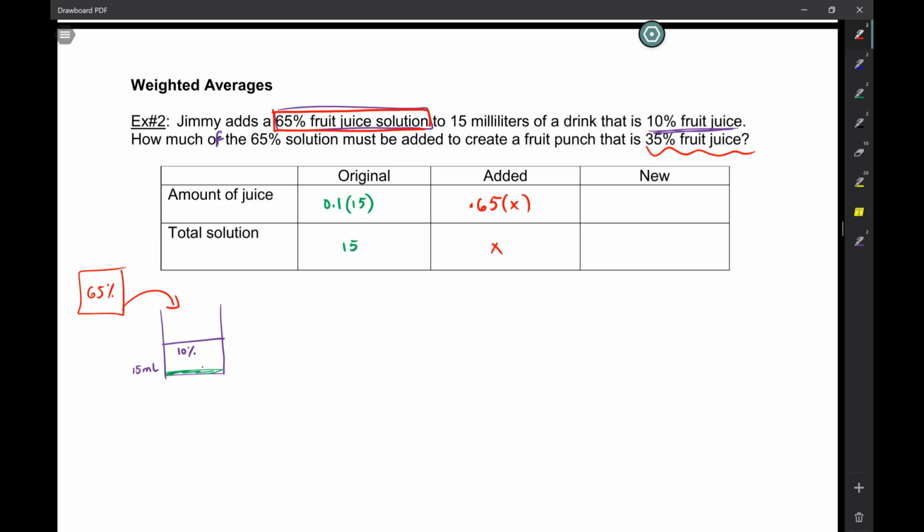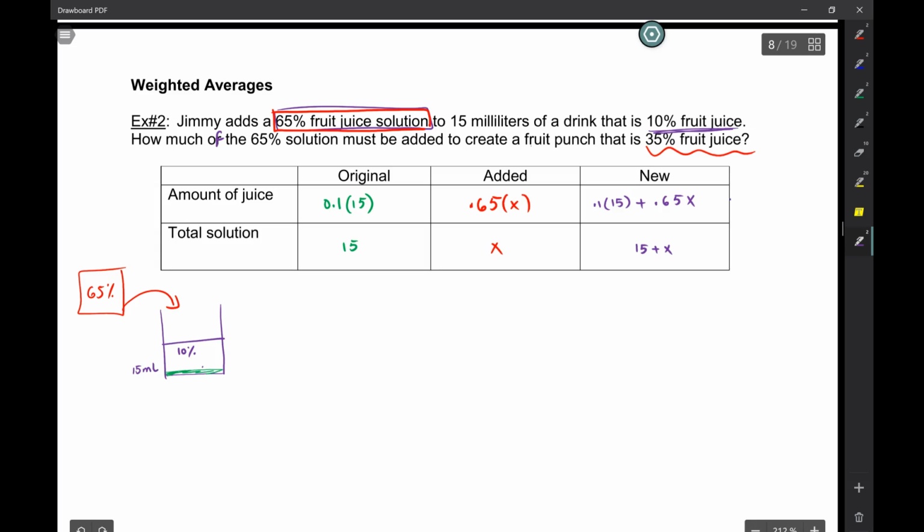So what is the new solution? It's going to be 0.1 times 15 plus 0.65x. That's the amount of juice. And then 15 plus x is how many milliliters total he's going to get. Now, he wants this to equal 35% fruit juice.